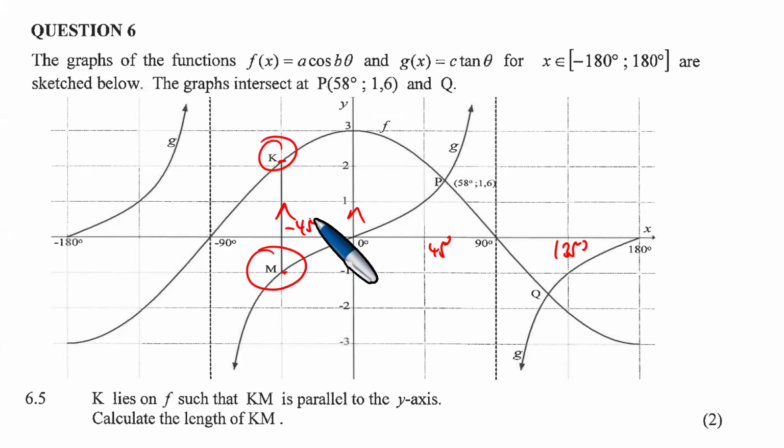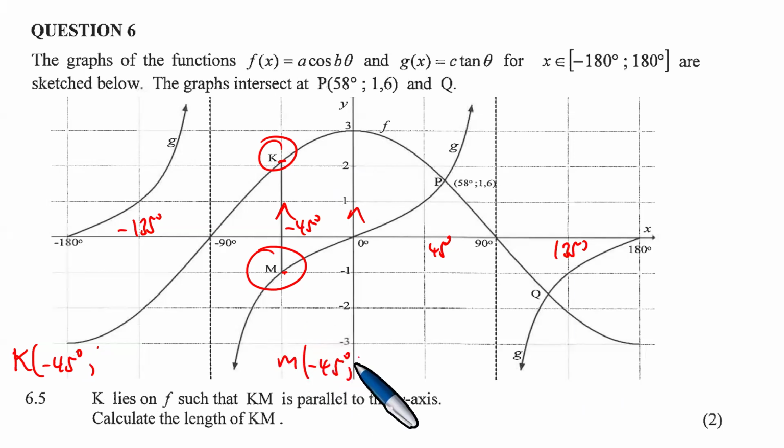This is minus 45 degrees, minus 90, minus 135 degrees, and then 0. So at K, x is minus 45 degrees, and also at the point M, x is minus 45 degrees.